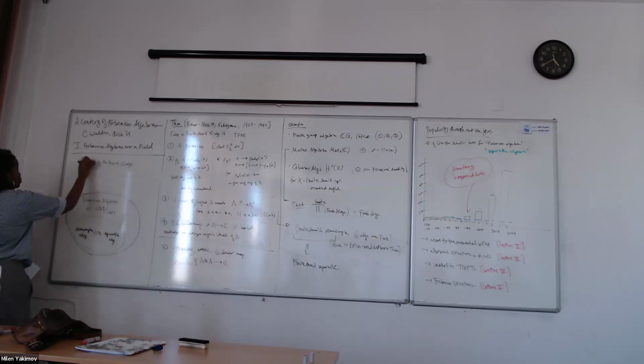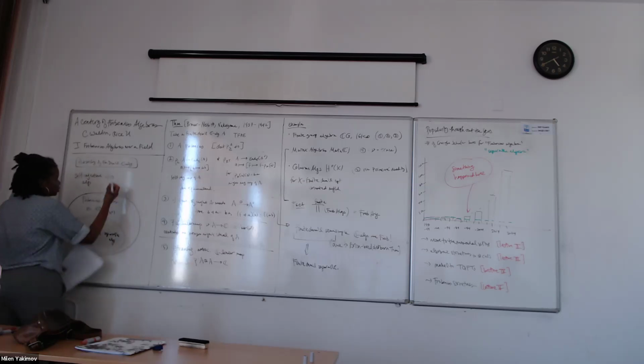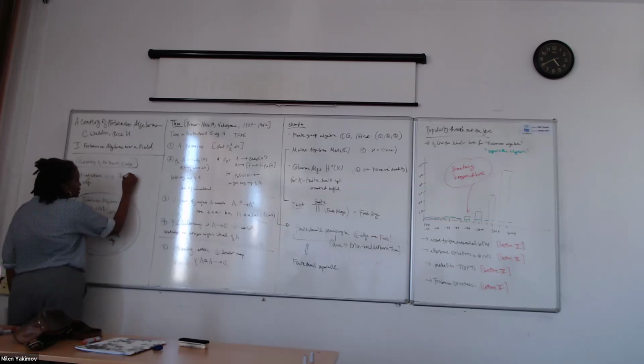The concepts that I really want to highlight now that I think are really interesting are these things called self-injective algebras. And they end up being equivalent in the finite dimensional case to these things called quasi-Frobenius algebras.